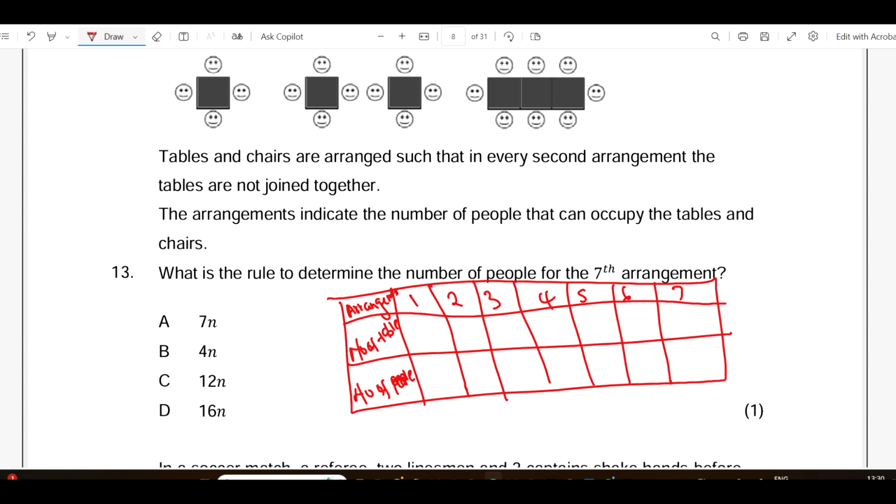So number of tables in arrangement number 1, it's gonna be 1, 2, 3, 4, 5, 6, and 7. So number of people in table number 1, it will be 4.